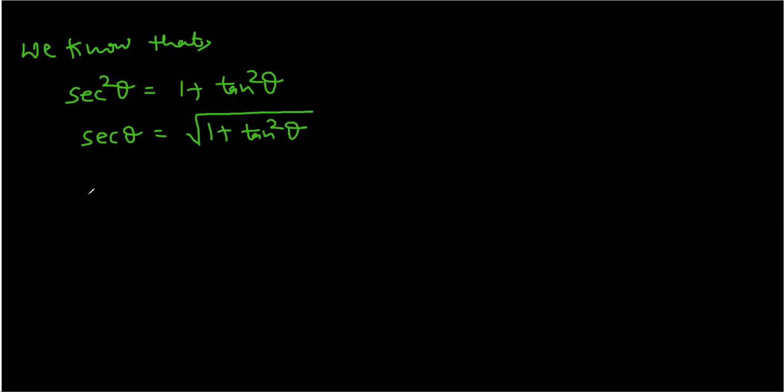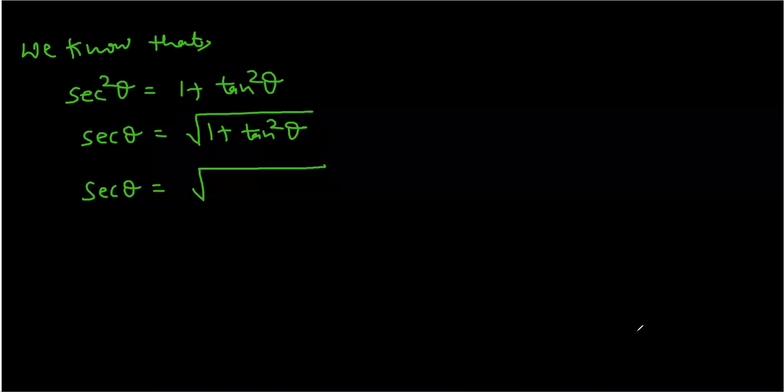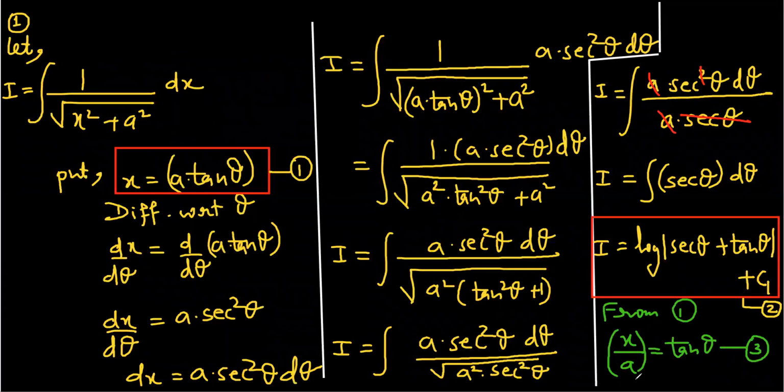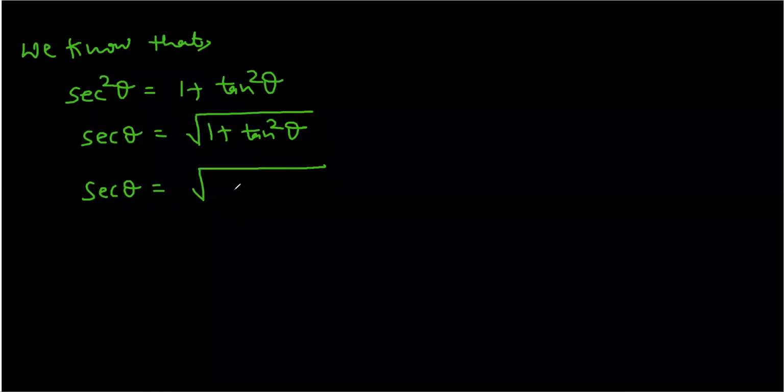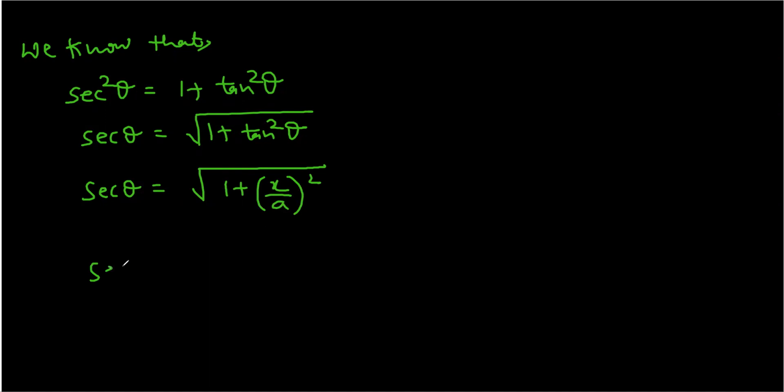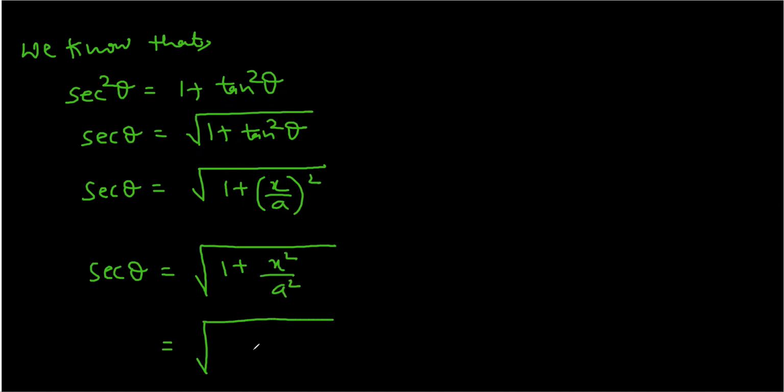And tan theta we have already calculated to be x over a, right? So 1 plus x over a square. So I get sec theta as square root of 1 plus x square upon a square. That is square root of, a square is the LCM, I get a square plus x square. This is my sec theta.